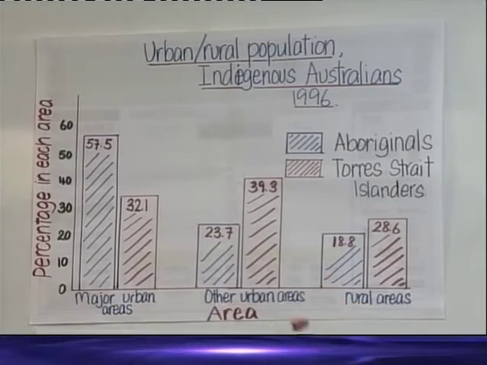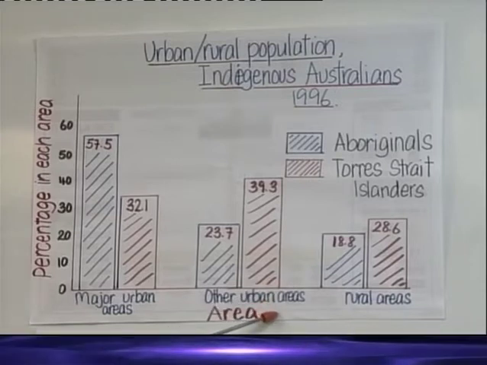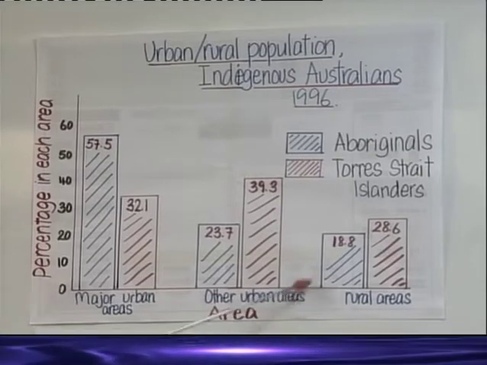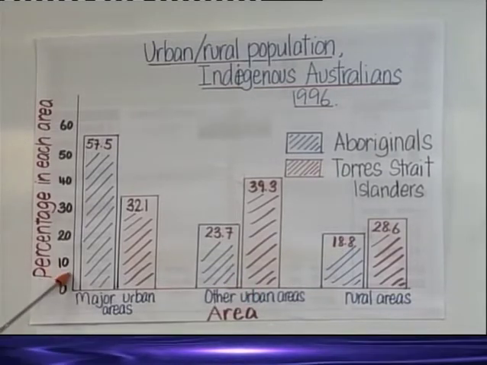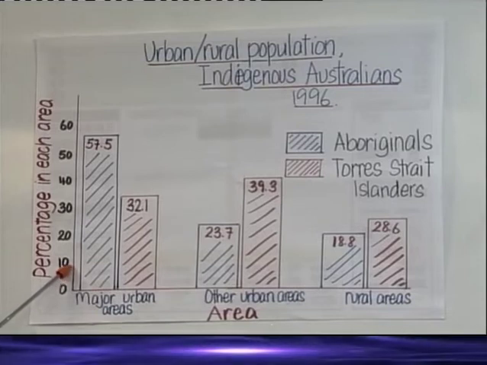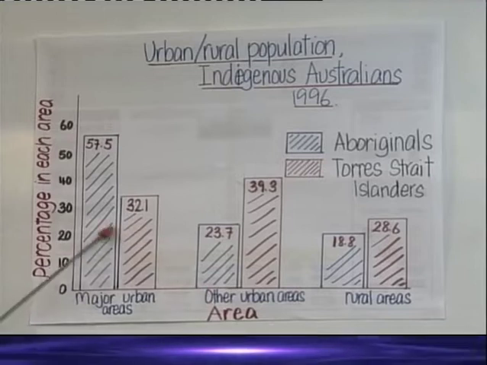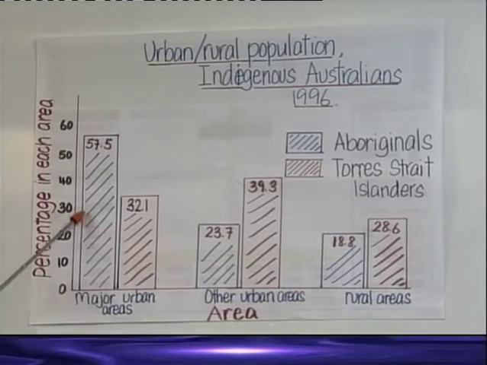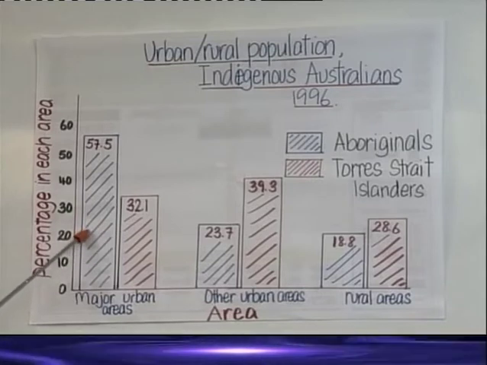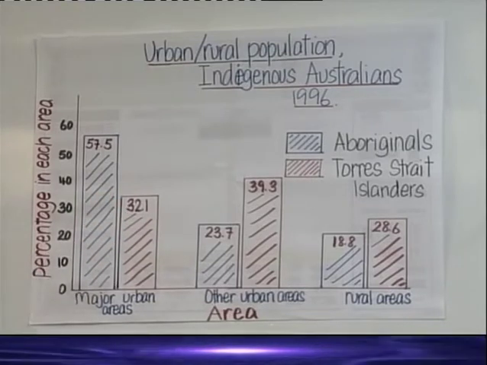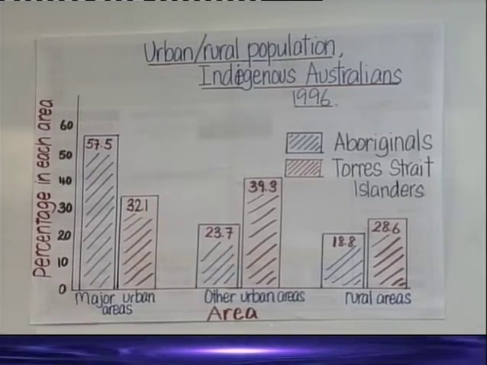So our horizontal axis shows the different areas in which these natives live. Our vertical axis shows the percentage of the population living in that particular area.